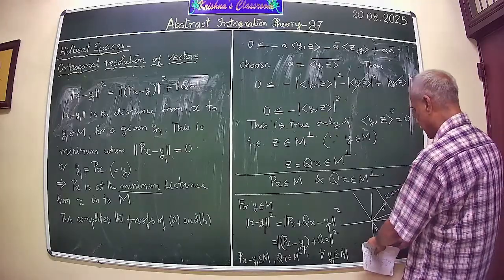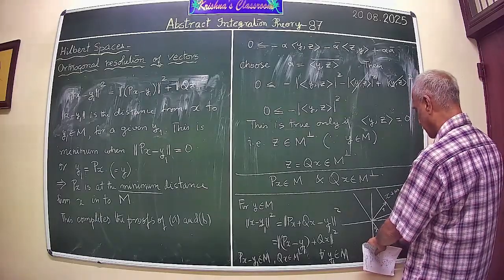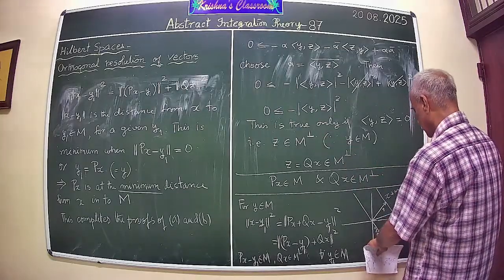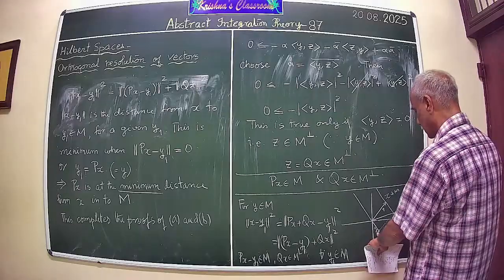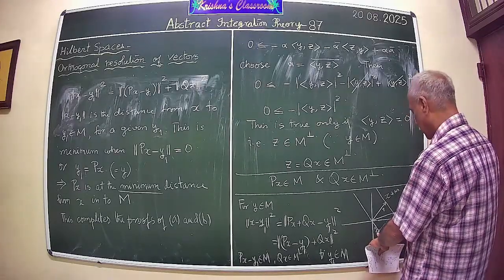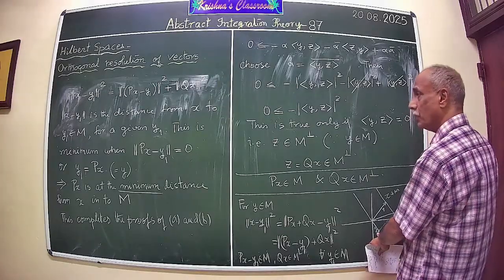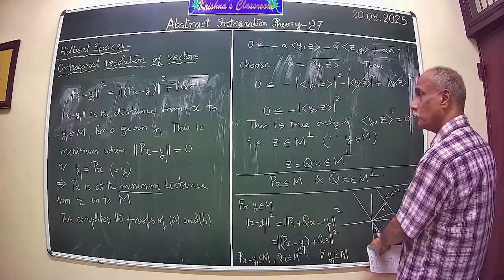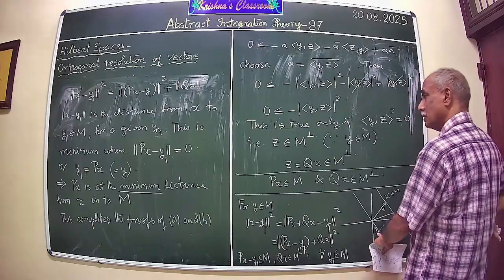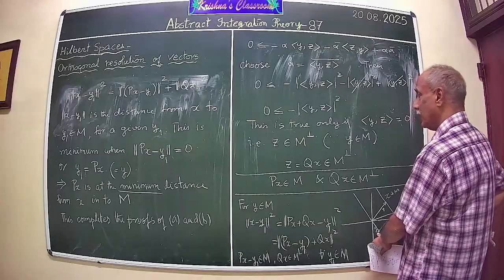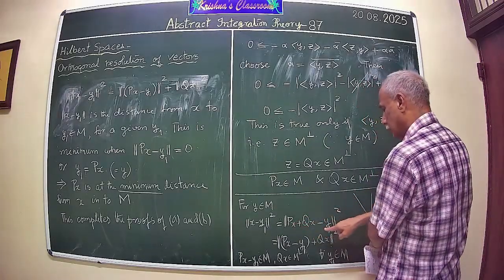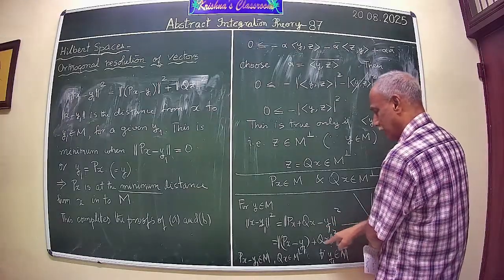So we take an arbitrary element y1 here and calculate this, and that is the calculation that we have performed. Norm of x minus y1 is going to be equal to norm of Px plus Qx minus y1 whole square, because x you can write as Px plus Qx. And that's by orthogonality.